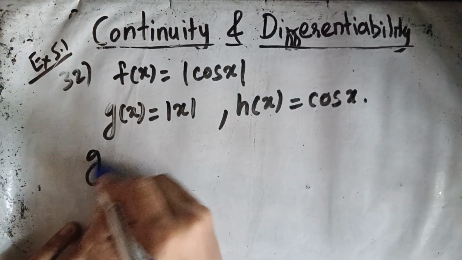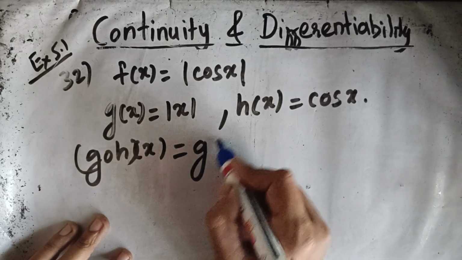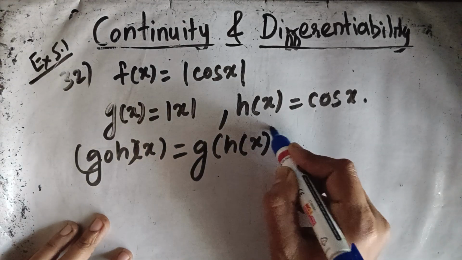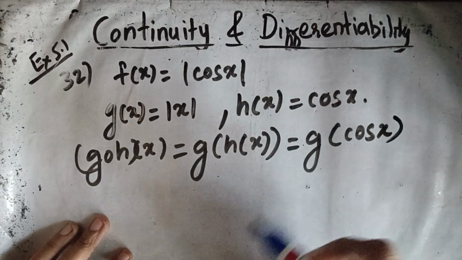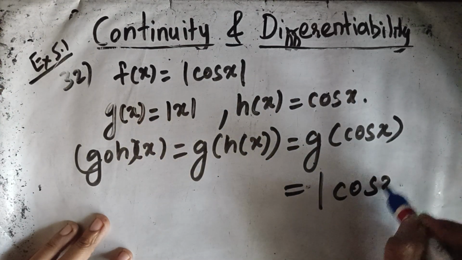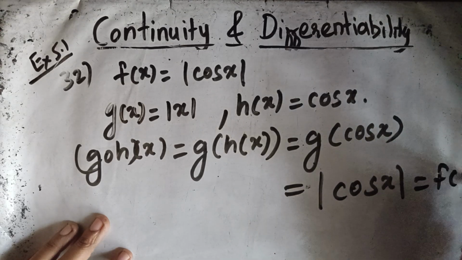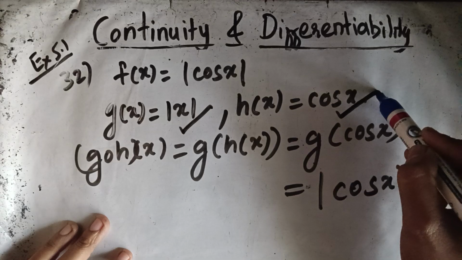Okay, so if you take g composite h of x, this is g of h of x. h of x is cos of x and g of x is mod of x. So this is mod of cos of x, which is our f of x. Okay, so we have to show that this is continuous and this is continuous.